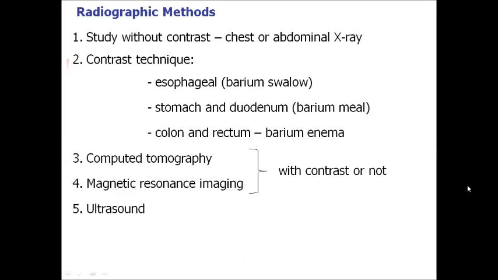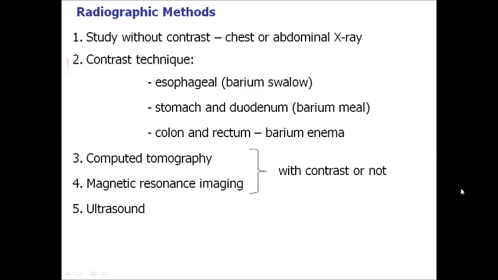Which radiographic techniques may be proposed to study abdominal cavity? First of all, it's study without contrast. Usually it's chest or abdominal X-ray, plain X-ray. Then, if we are confronting with hollow organs, we use contrast techniques.